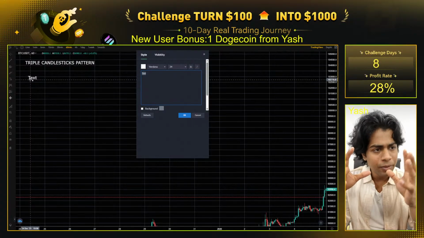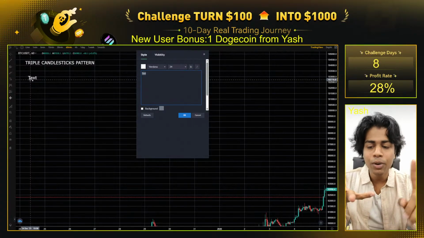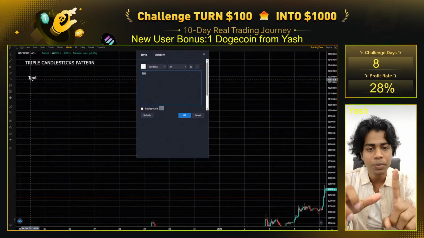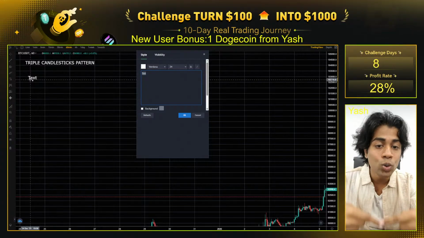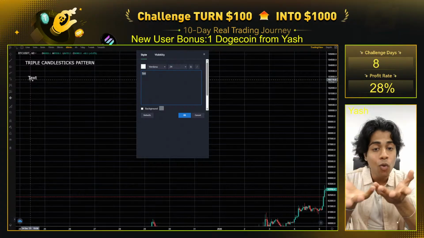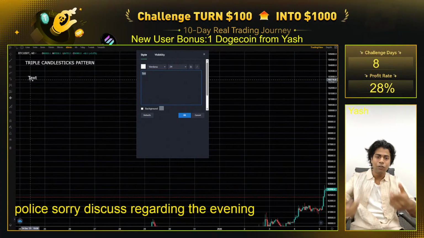So before starting this live stream, again I'll be explaining those jargons: what is uptrend, what is downtrend, bullish candle, bearish candle, gap up opening, gap down opening. These six things I will use again and again, so that you don't get confused about what they mean. I will explain those concepts before.